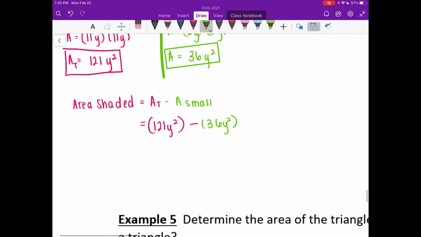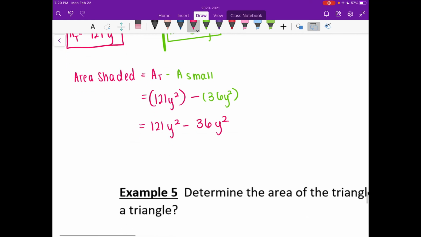Let's drop these brackets where we can. So in the first one, we can just say 121y squared minus 36y squared. They are like terms, right? They're both y squared, so we can just subtract the coefficients. So 121 minus 36 is going to be 85y squared. That's the area of the shaded.